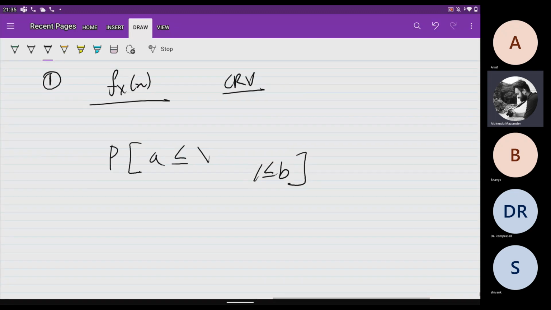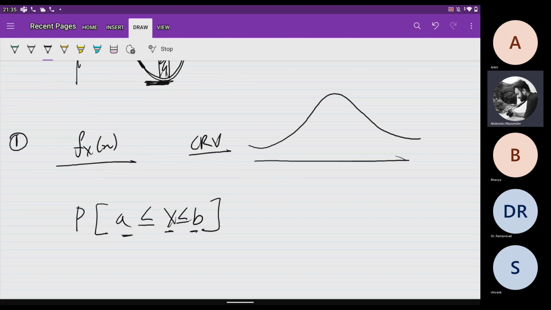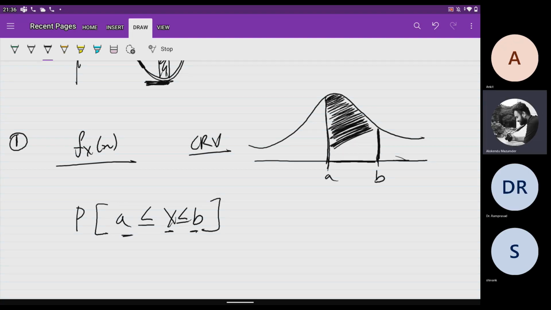What is the probability that the continuous random variable X lies within these two points? Let's say I have this continuous random variable, this is the PDF, and these are points a comma b. The probability is nothing but the area. When I say compute the probability between points a and b, you just have to compute the area of your PDF between these two points. So the area corresponds to probability.